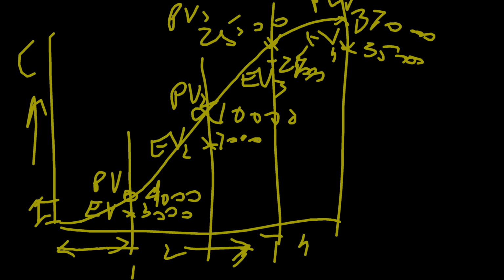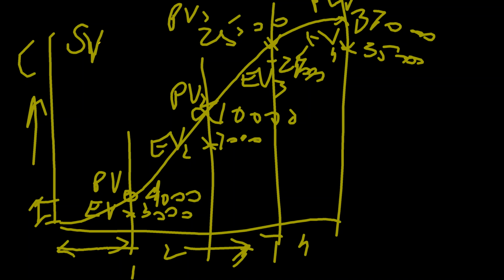So if I can compare these two values at any point, PV1 with EV1, then I am behind by 1,000 in the first month, right? So the difference between PV and EV is my schedule variance.